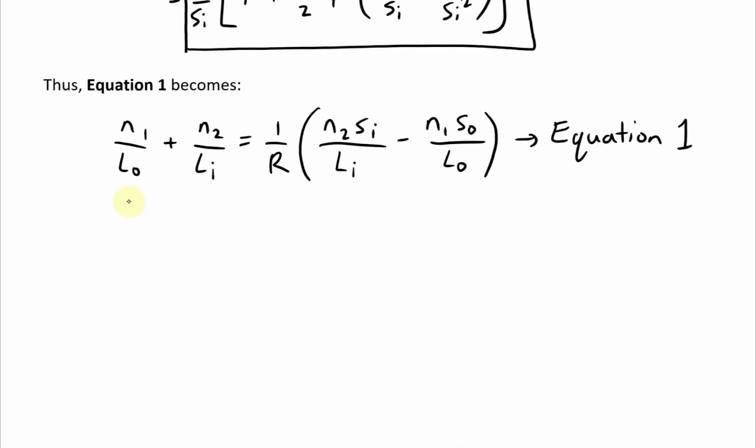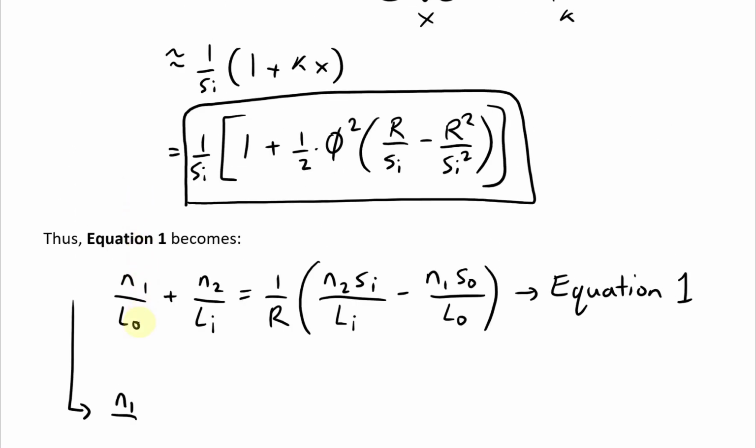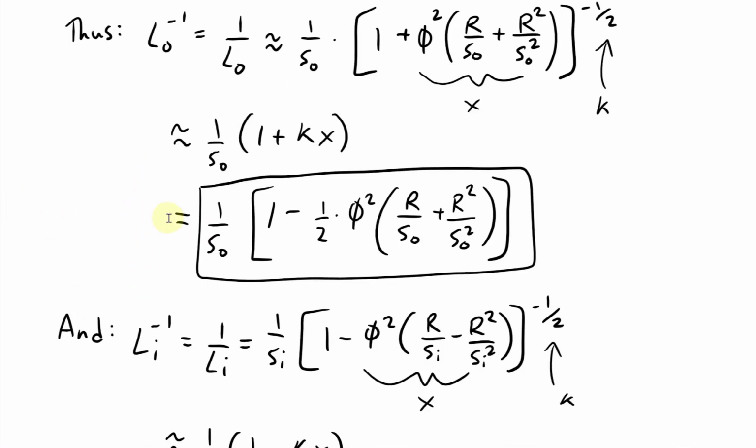So now we're going to put this all into one. We're going to replace all this with our approximation. So we're going to put N1, times 1 over L naught, and 1 over L naught is over here.